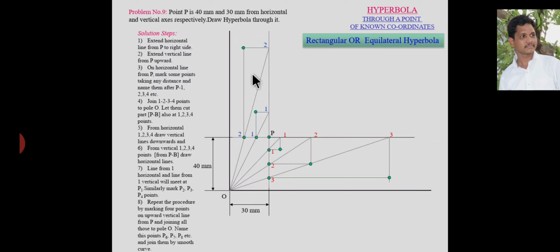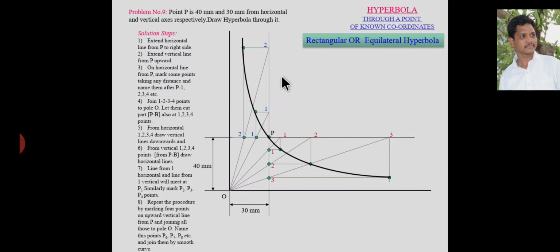Now draw a smooth curve through these intersecting points like this. This thick line is our required shape of hyperbola. This is the final shape of our required hyperbola by using the rectangular or equilateral hyperbola method.